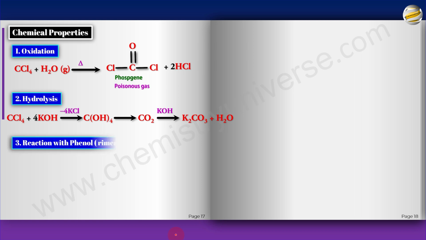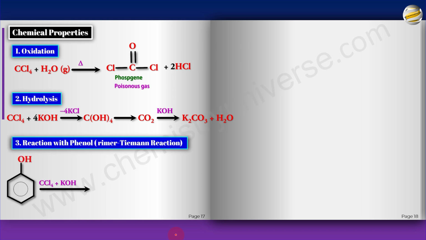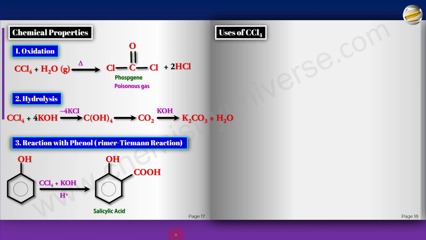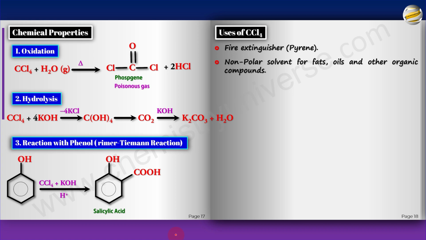Then again, you have a Reimer-Tiemann reaction of phenol with CCl4. The original one that we studied was chloroform. This will give you salicylic acid. Then uses of CCl4, well, fire extinguisher pyrene, the non-polar solvent for fats, oils, and other organic compounds, the lab reagent, it's a dry cleaning agent.